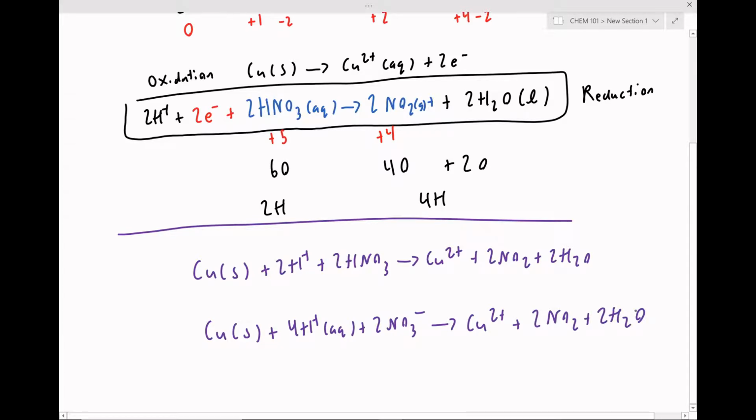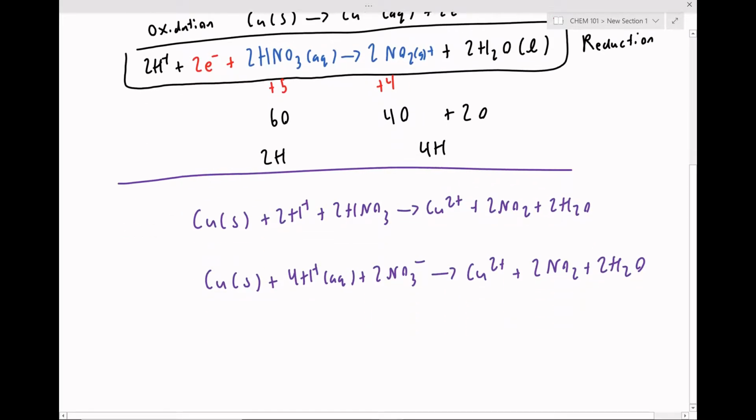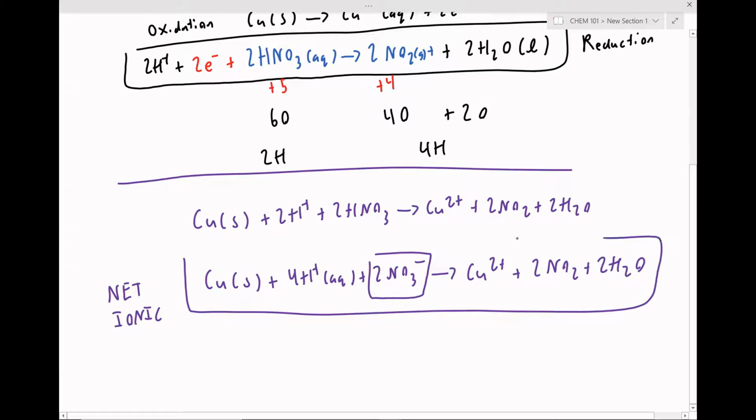And here we start to see the true nature and the true oxidizing agent in this case, which is our nitrate ion. Okay, beyond that, there's nothing else that we can really cancel in this expression. So here we have our net ionic equation for our first oxidation of copper.